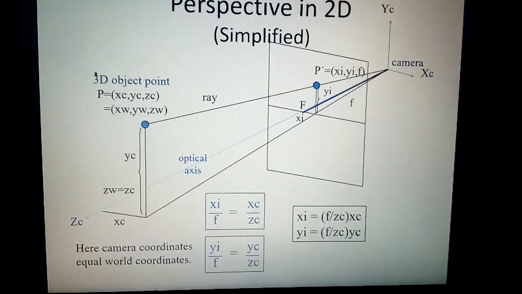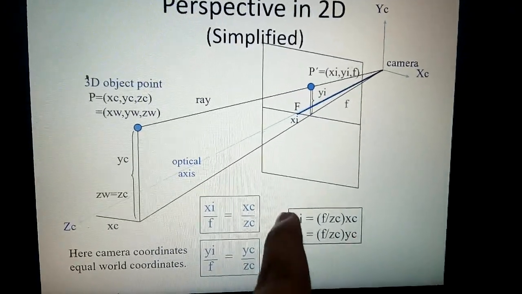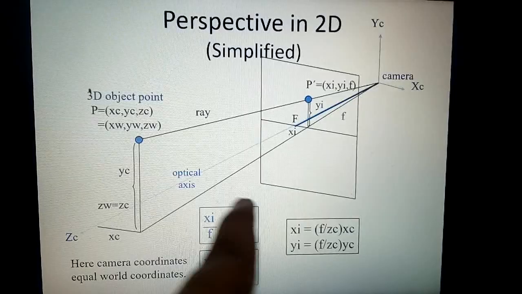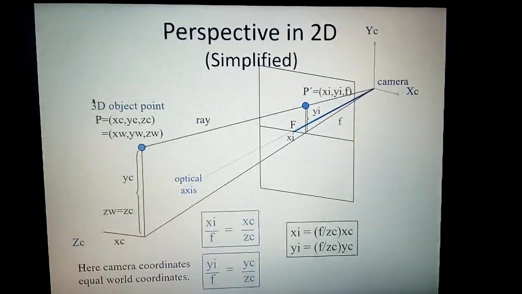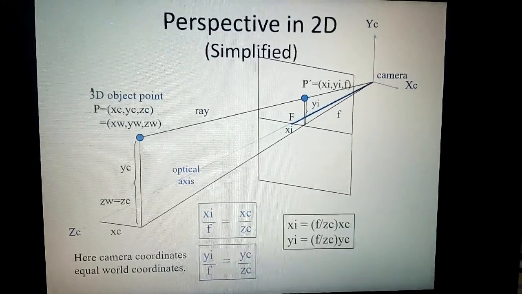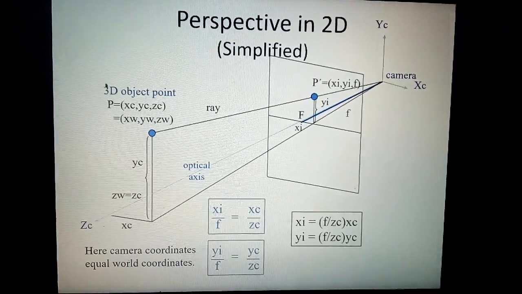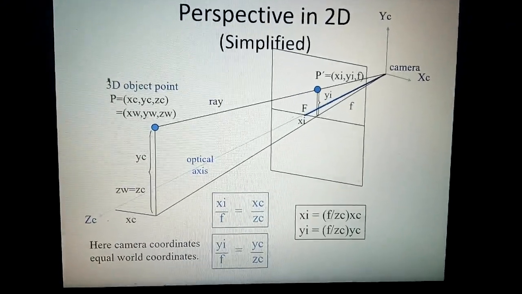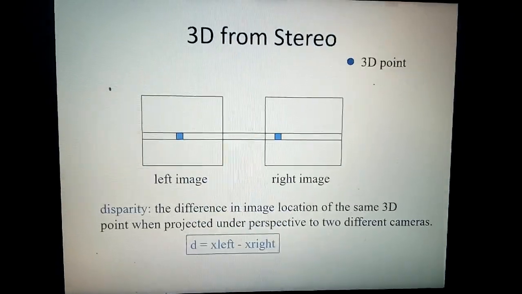Based on these similar triangles, we determine xi and yi, the coordinates of the point formed on the screen by this object. xi by f is equal to xc by zc and yi by f is equal to yc by zc. From these we derive xi is equal to f by zc into xc, and yi is equal to f by zc into yc.